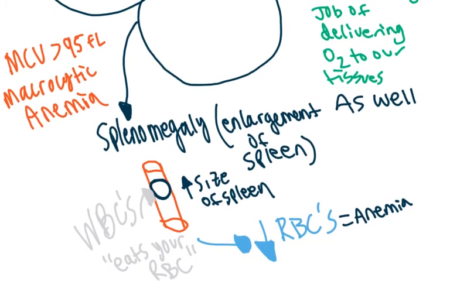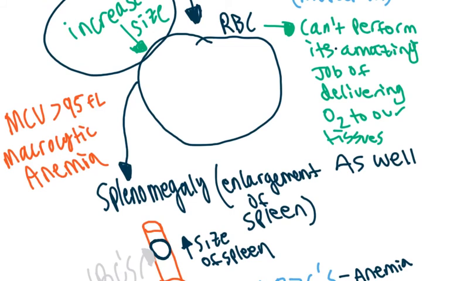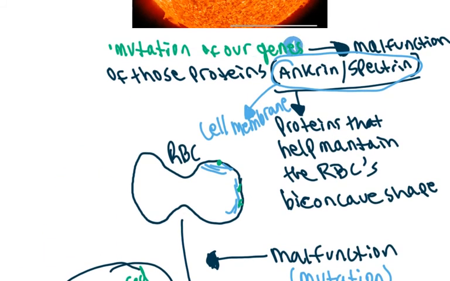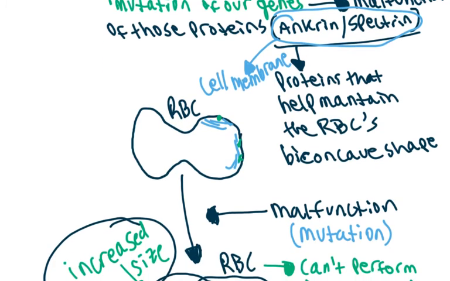And that's going to lead to a bigger size of our red blood cells because of the mutation of our ankyrin and spectrin proteins, right? In people who don't have hereditary spherocytosis, genes undergo transcription and translation, protein synthesis, and we make proteins like ankyrin and spectrin that hold the red blood cell shape properly in this biconcave form.